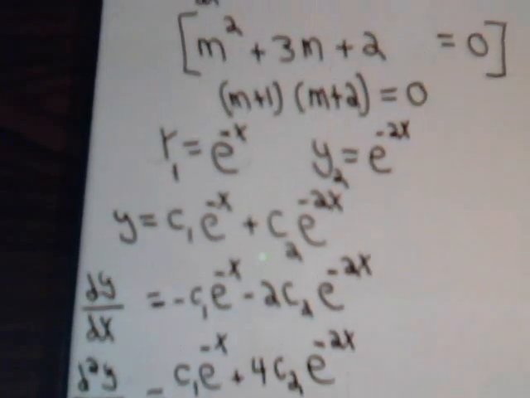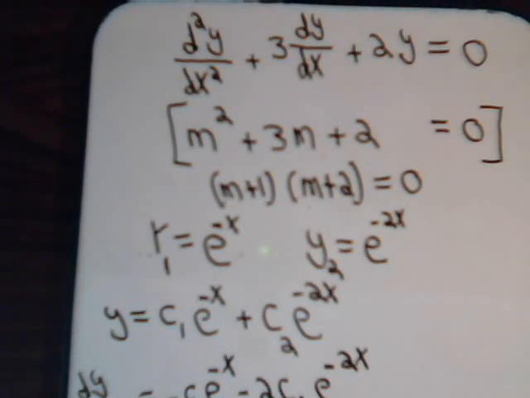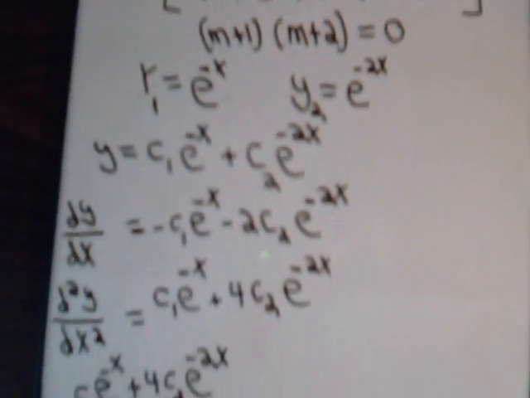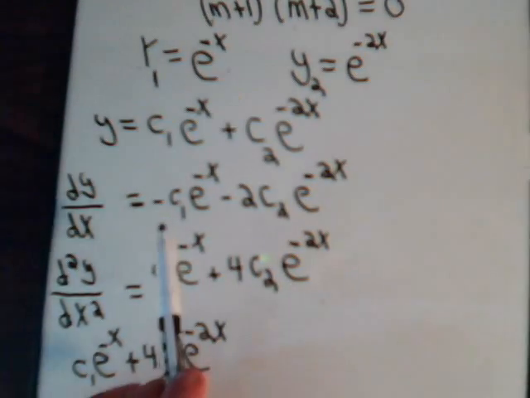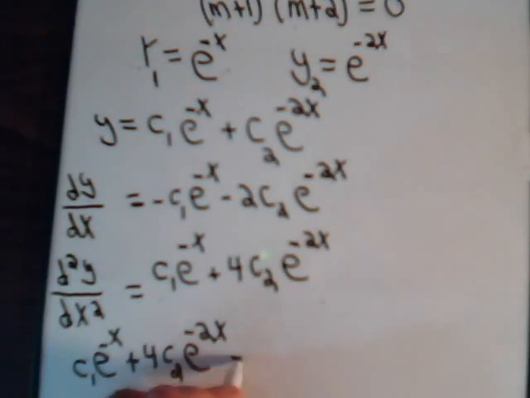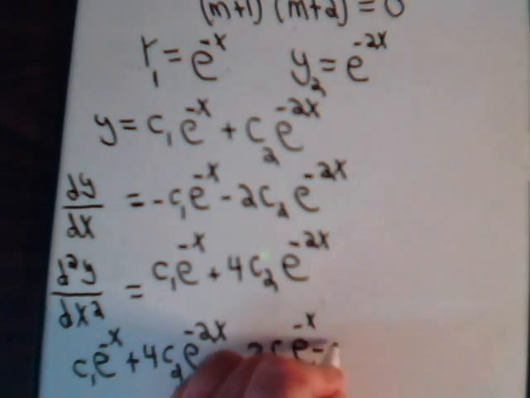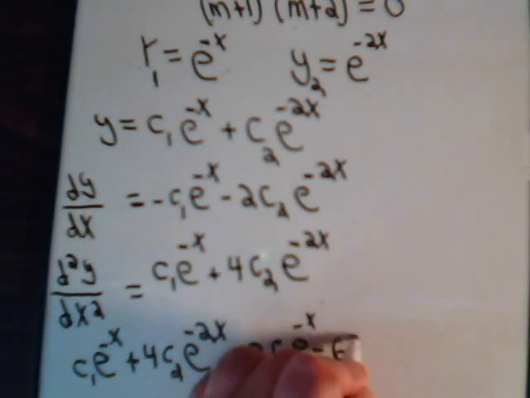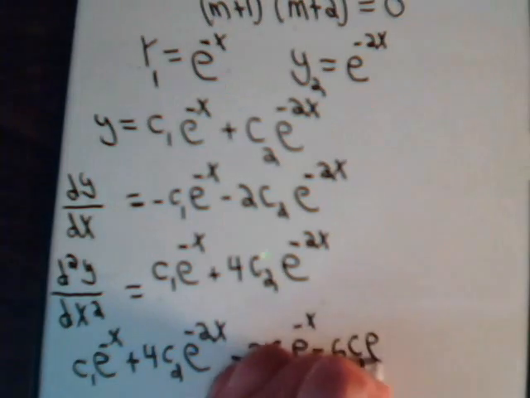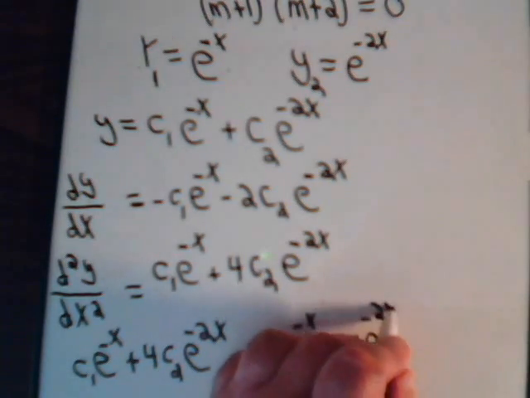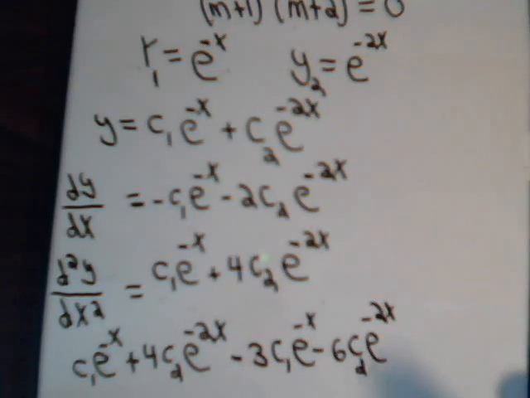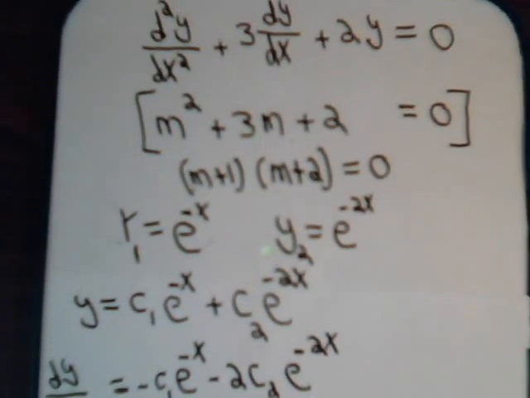And then we have 3 times dy dx. So this will be minus 3 C1 e to the minus x minus 6 C2 e to the minus 2x.